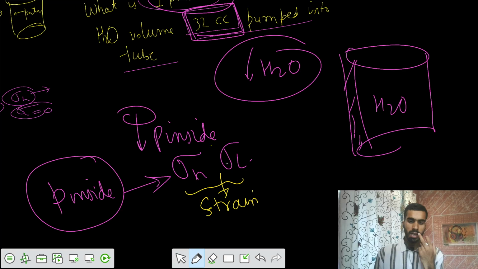Because of that Hooke strain and longitudinal strain, we can have volumetric strain, and because of volumetric strain, we can have a change in volume.